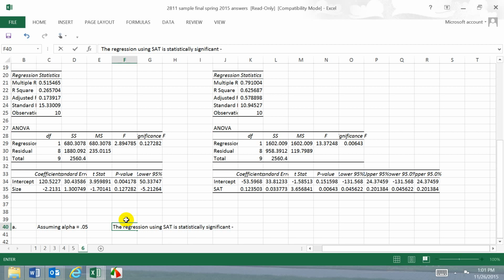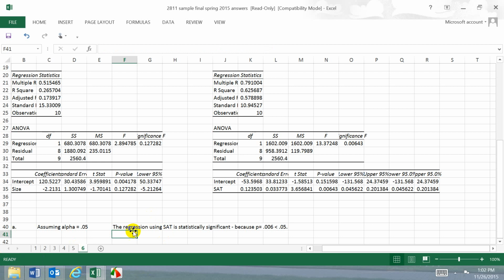Why? Because p equals 0.006 is less than alpha, which is 0.05.